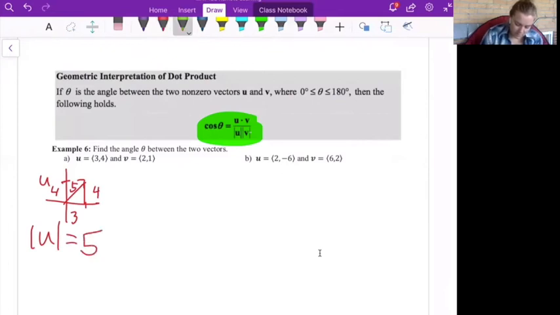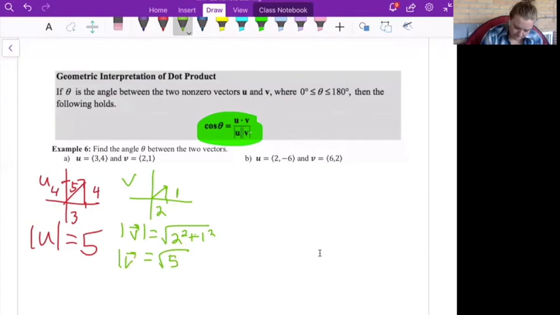Then for v, we're also in quadrant 1, where this is 2, then our vertical component is 1. So then the magnitude of v is going to be the square root of 2 squared plus 1 squared. So this would be the square root of 5. So we have our magnitude of v, magnitude of u.